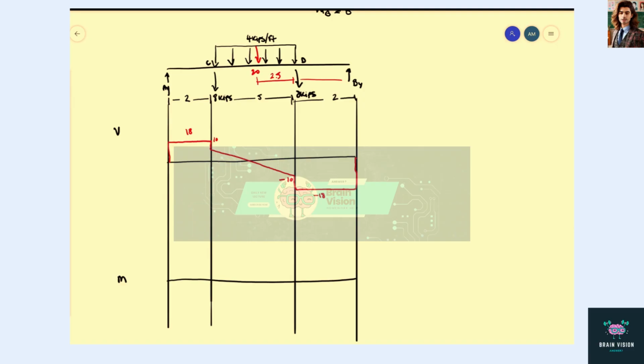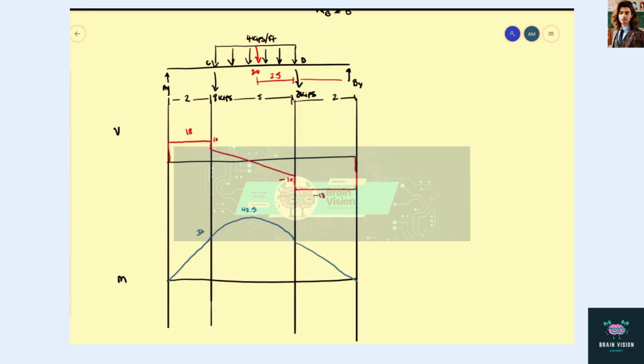For our moment, we have a straight line that goes to 36. And then we have a parabola with our max height, 48.5. And then we have a negative slope going back to 0.